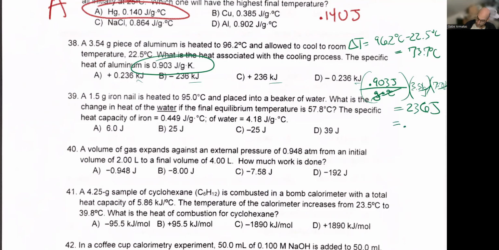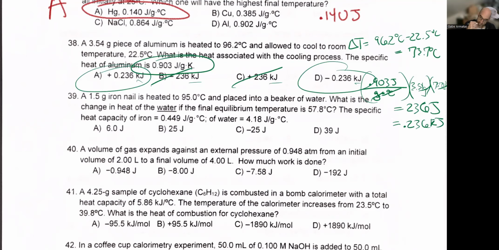But we want it in kilojoules, so 0.236 kilojoules. And so that eliminates these two. So it's either D or A.